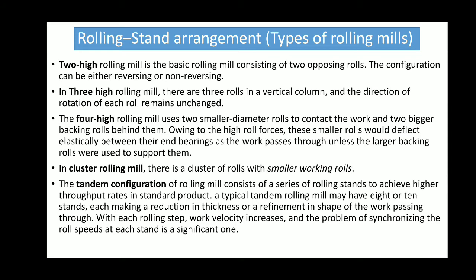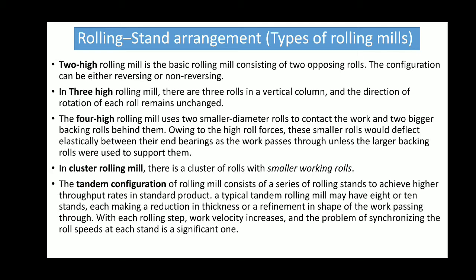Okay, so today we are going to discuss rolling strand arrangement. Also you can consider it as the different types of rolling mills. These rolling mills are nothing but the arrangement through which we process the rolled parts, or how the rolling process is carried out.